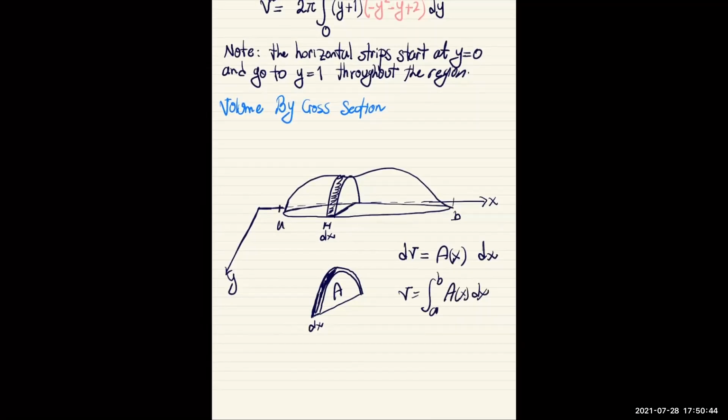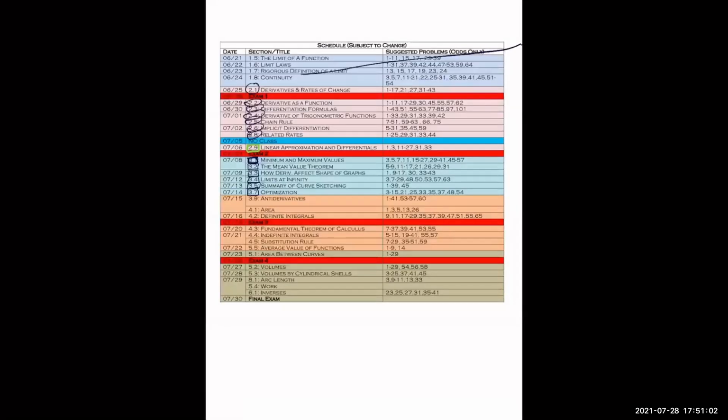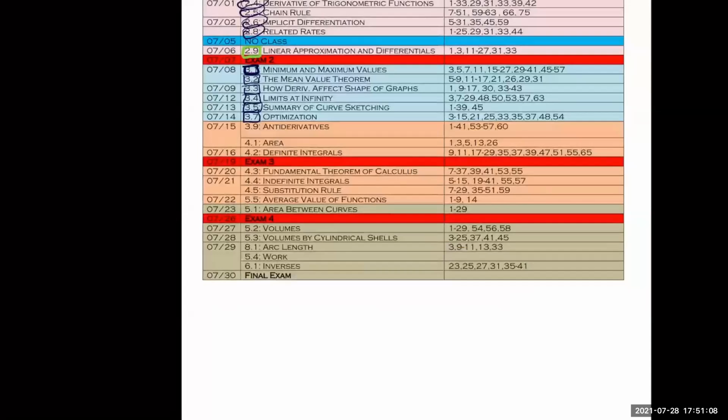So I'll do a couple of examples tomorrow. To be honest with you, tomorrow is not a long day. The section on arc length should take me maybe 20 minutes to cover. And I'm going to take like 10 minutes to talk about work so you're aware of it, and maybe 10 minutes to talk about 6.1.